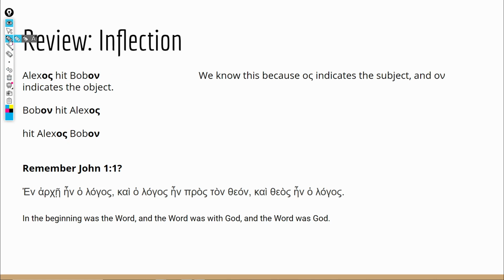And so then if we look here at John 1:1, this is John 1:1 in Koine Greek. So in English it says, "In the beginning was the Word, and the Word was with God, and the Word was God." I'm sure you've heard this verse 1,000 times. In Koine, this is the preposition en.